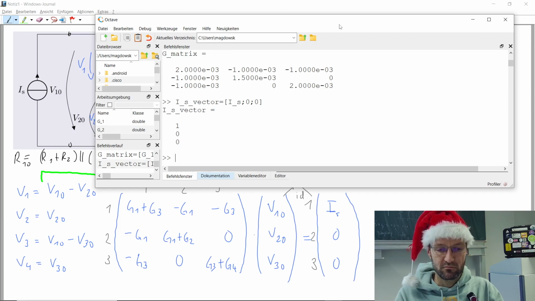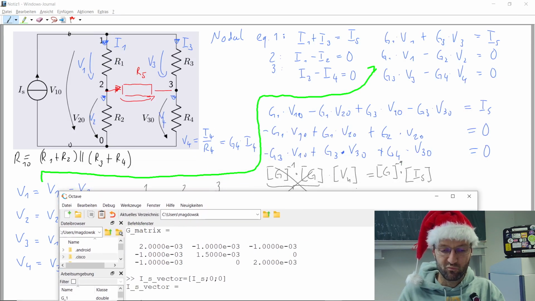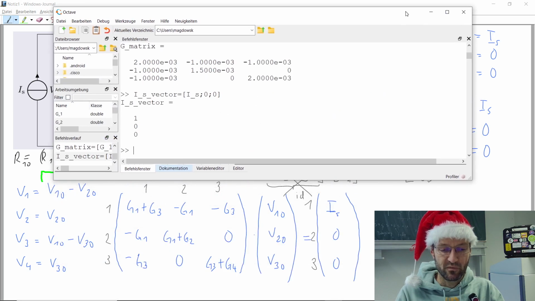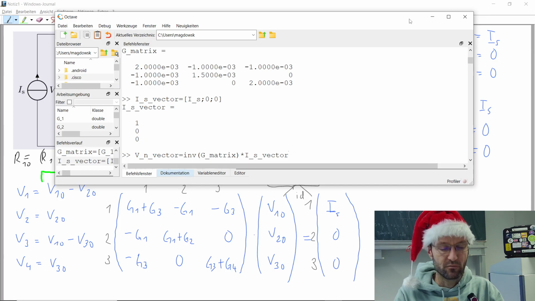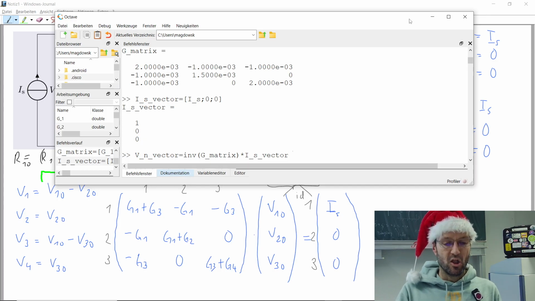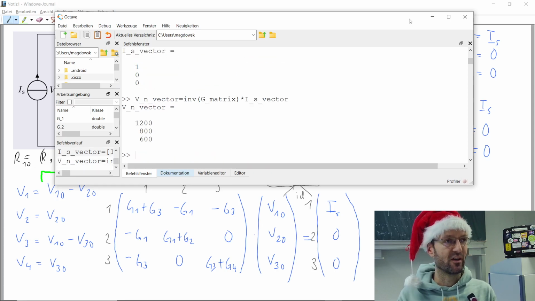And so now, coming back to the solution of this system of equations, I get my nodal voltages as a vector by multiplying the inverse of the matrix with the source vector. Yeah, I would just calculate it, and there's the result.